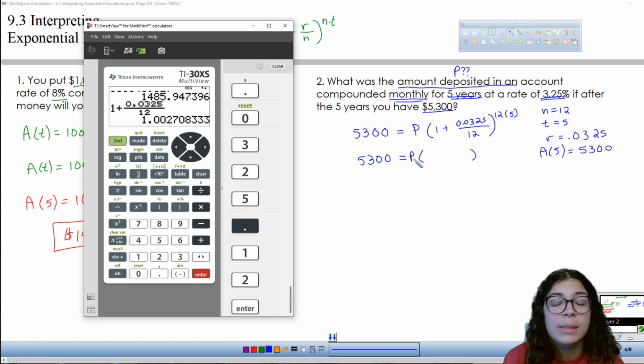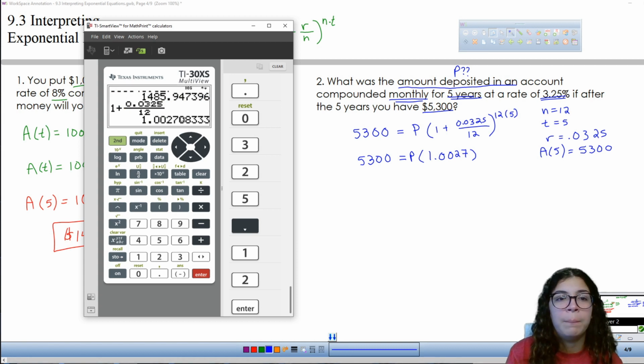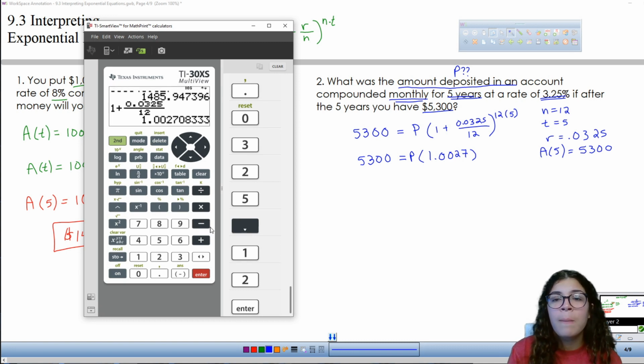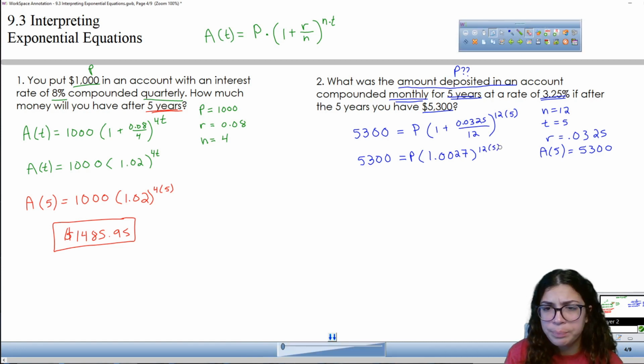Okay. I do want a very exact answer. So I'm going to just write down 1.0027. Usually 4 decimal points is good enough. It would be even better to leave that there. Now I need to put that number to the power of 12 times 5. Now 12 times 5, I know, is 60.